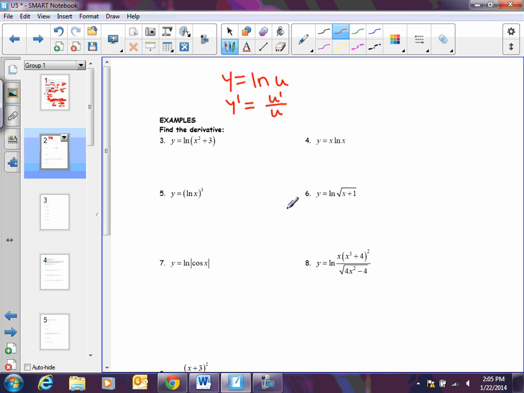Okay, some people think, well, why did we just stop writing the natural log? It's because this is the definition. The definition of natural log is that it's the integral of this thing. So if I'm taking the derivative, I just get u prime over u. And so remember, this u is called the argument. So the derivative of the argument over the argument.